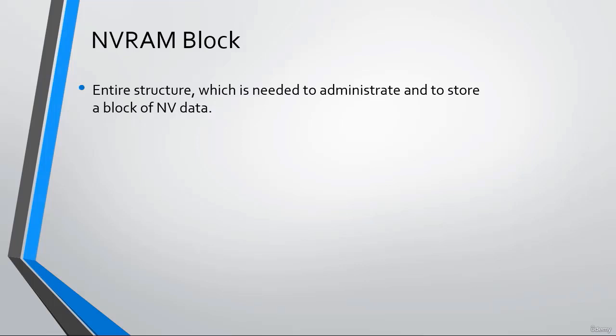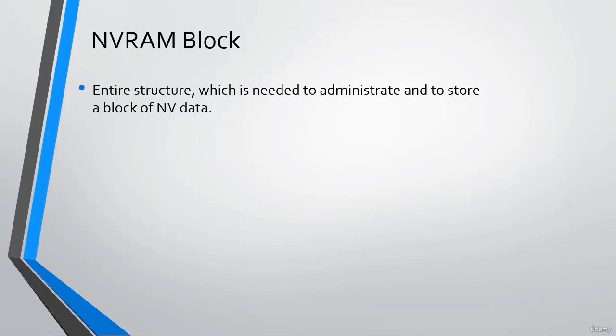So this NVRAM block is everything that we can think of that is required to manage and store some non-volatile data. It can be composed of many things, and the final output is that we'll be able to manage and store non-volatile data effectively in the AUTOSAR environment.